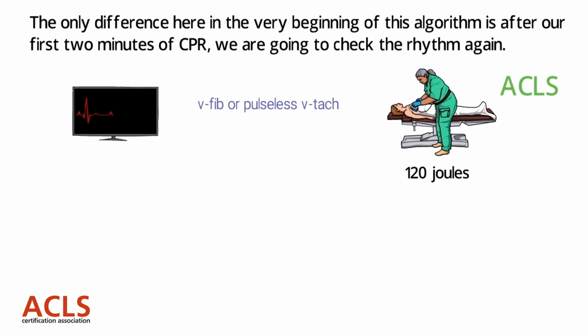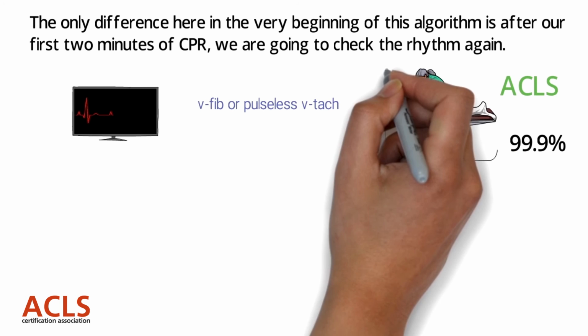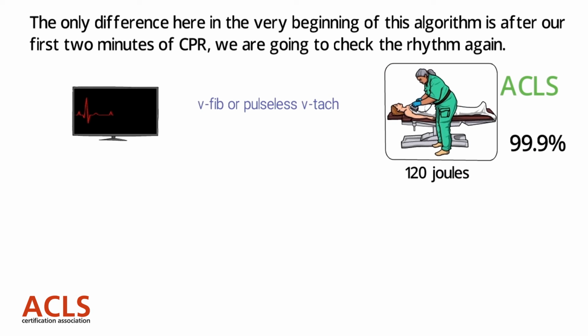And these are on the biphasic defibrillators that are in probably 99.9% of the hospitals across the country. Biphasic means that they give electricity in 2 directions. Like you put one pad on the front, one pad in the back, and the electricity is coming at that patient's heart from the front and the back. So the 120 joules is assuming that you have a biphasic defibrillator.